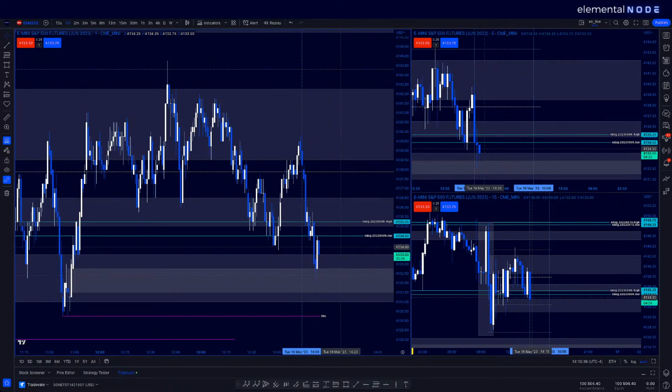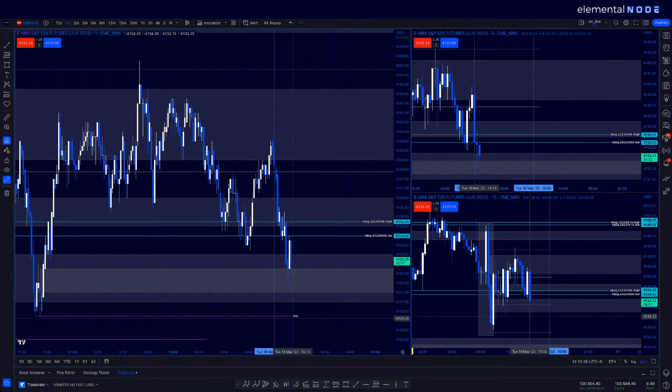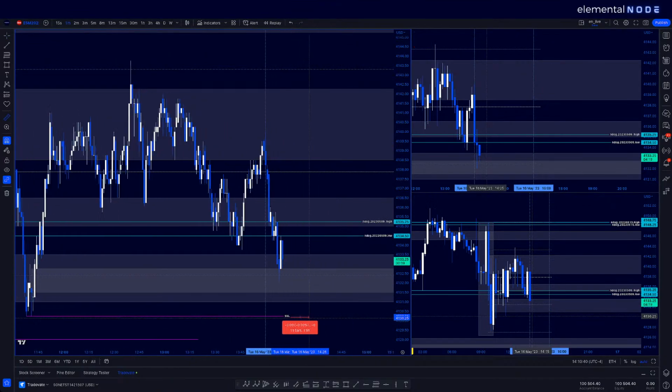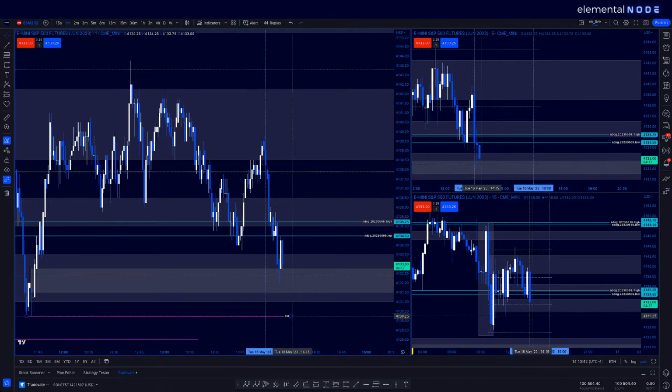Now, if I want to see it go down, I want to see it invert that gap. I wanted to see it as resistance and then immediately price downward. So let's see if we can get that.